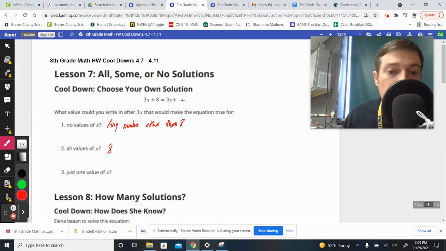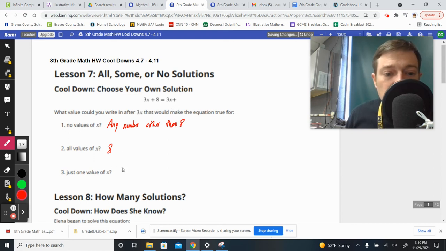For example, if I put 2x right here, 3x plus 2x would give me 5x's over here. And there wouldn't be this disappearing act of x's. So what I would recommend putting there is some type of term that has an x attached to it: 2x, 5x, 7x.